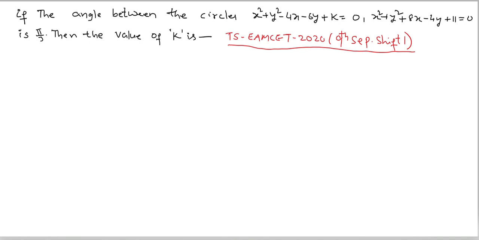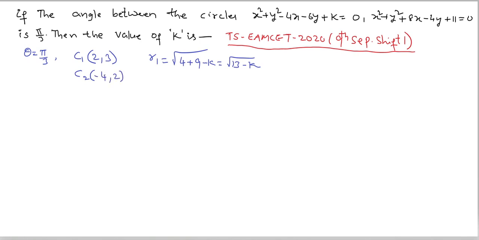So here the angle between the circles is given, that is pi by 3, theta is equal to pi by 3, and the center of the first circle C1 is 2 comma 3. The radius of this circle R1 is equal to root of 4 plus 9 minus k, equal to root over 13 minus k, and the center of the second circle C2 is minus 4 comma 2, and the radius R2 is equal to square root of 16 plus 4 minus 11, that is 20 minus 11, equal to root 9, equal to 3.